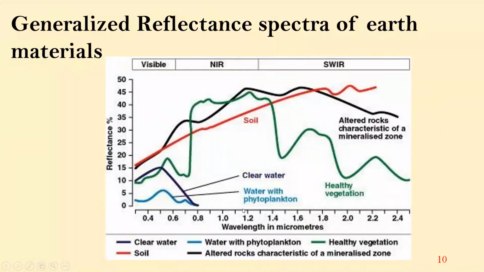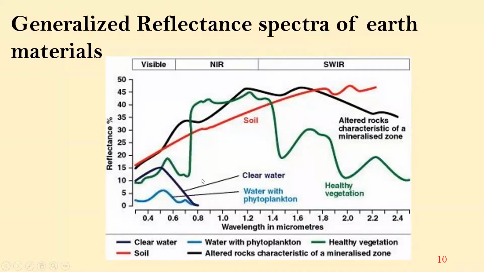In the case of water with phytoplankton, due to the chlorophyll content, there is a slight reflectance in the green region, but there is more absorption in the blue and red regions as compared to the open water.